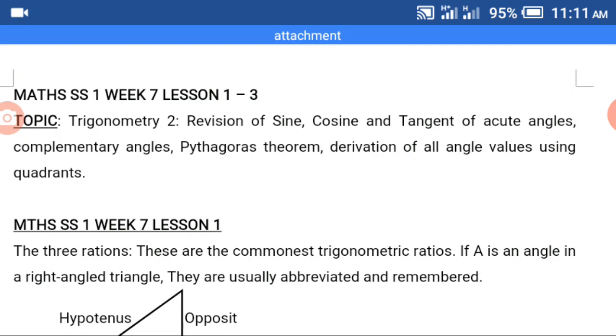Under this trigonometry 2, we want to look at revision of sine, cosine, and tangent of acute angles, complementary angles, Pythagoras theorem, derivation of all angle values using quadrants.